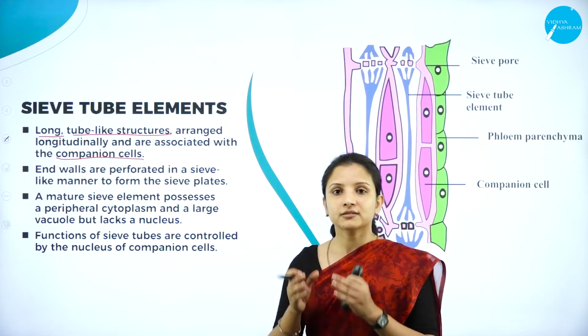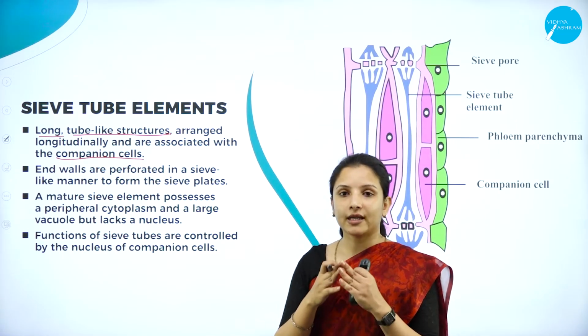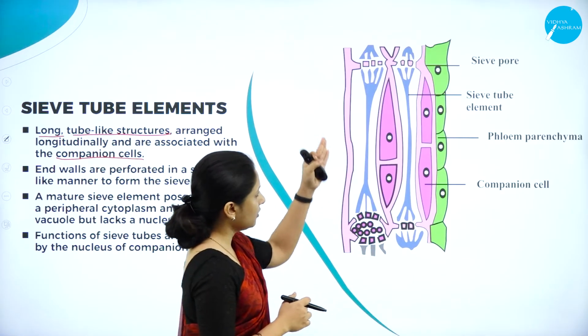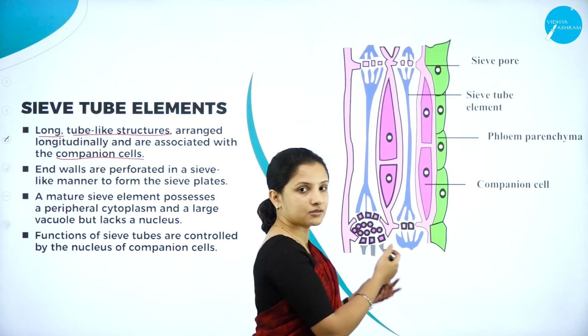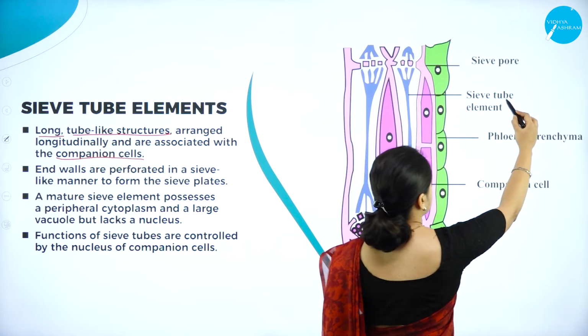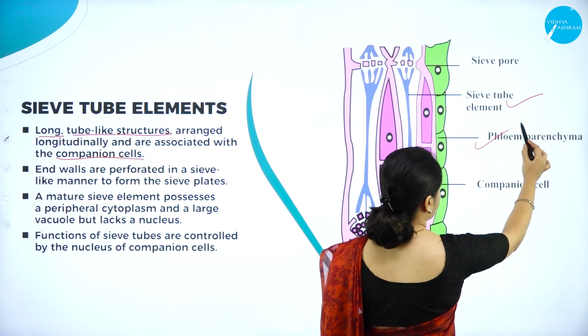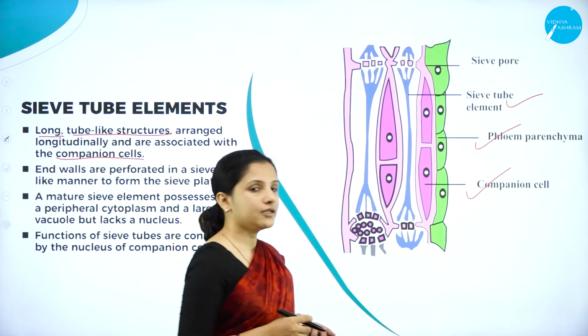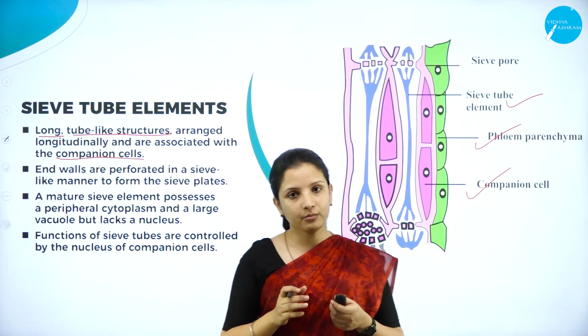They are always grouped with the companion cells. So you can see this is a phloem tissue. The phloem tissue is made up of sieve tubes, phloem parenchyma, companion cells and also the phloem fibers.